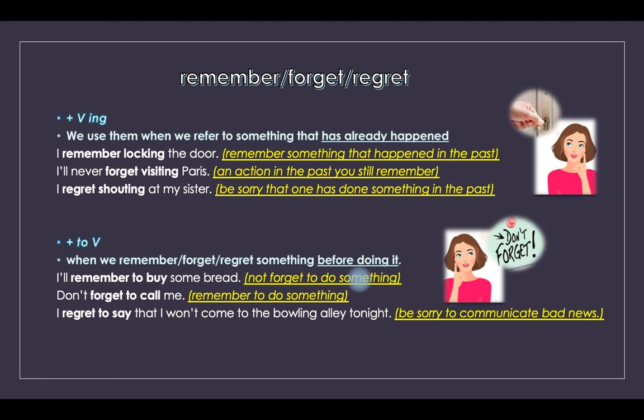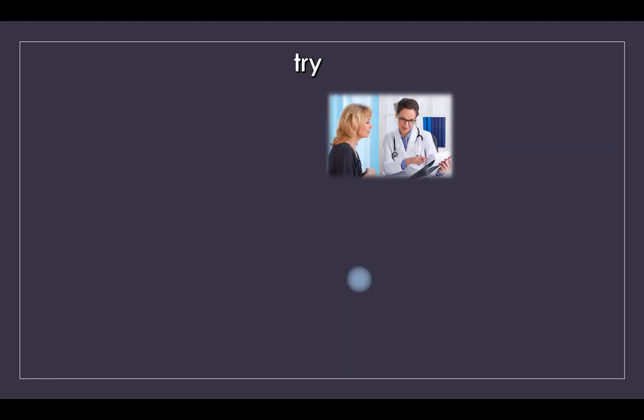Don't forget to call me. Beni aramayı unutma, right? I regret to say that I won't come to the bowling alley tonight. So this is how the meaning changes, depending on the situation.